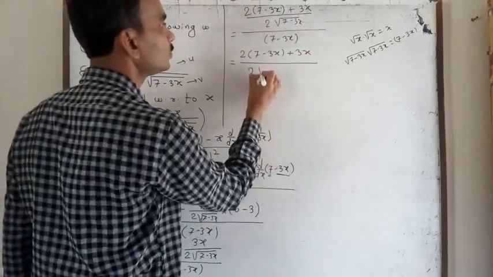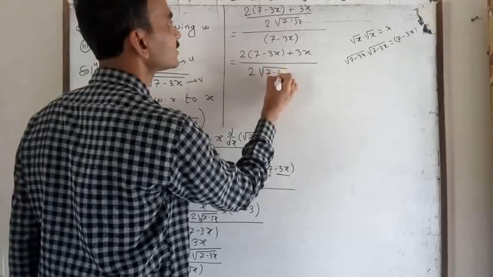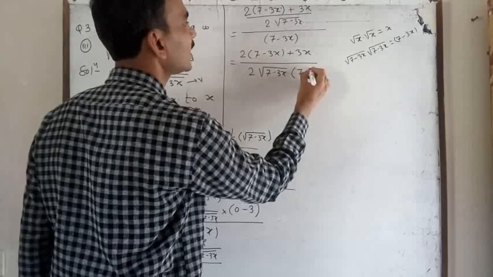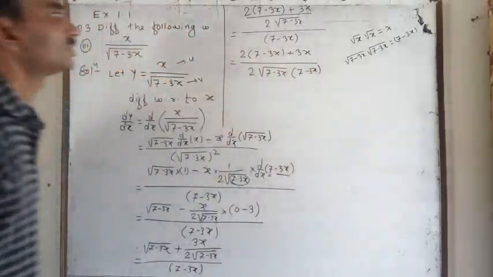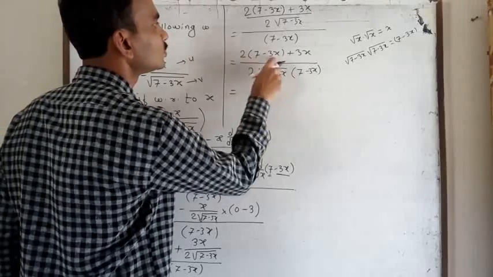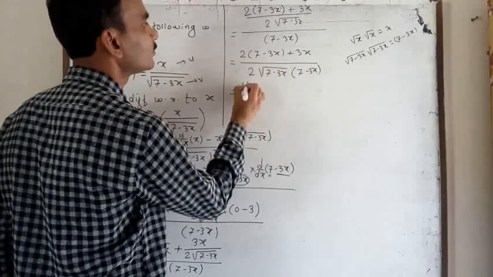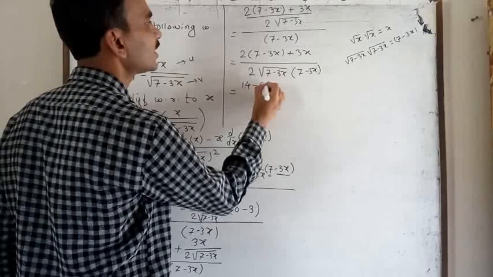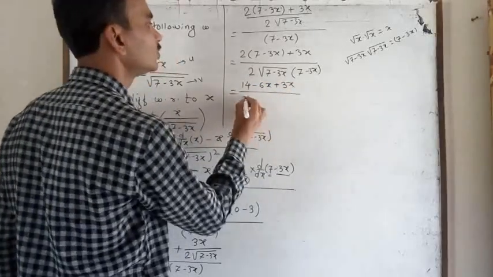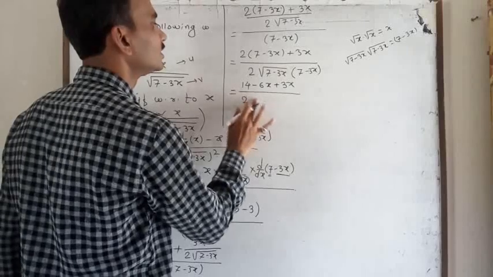So 2 into under root 7 minus 3x, into 7 minus 3x. After multiplying 2 into this bracket, we get 14 minus 6x plus 3x upon 2 into under root.